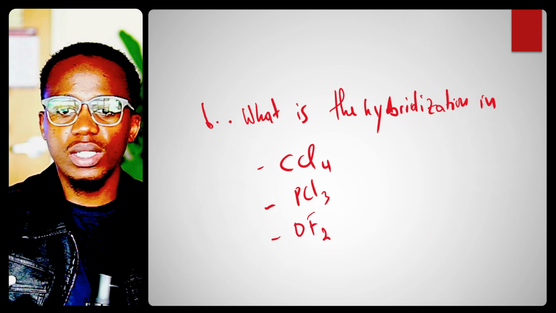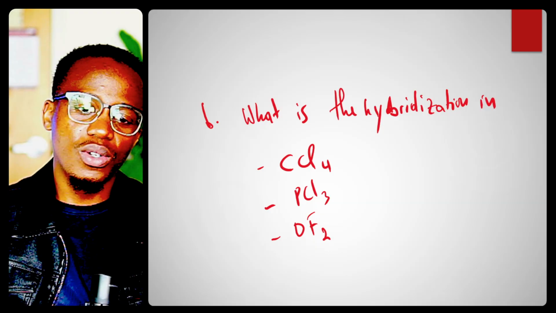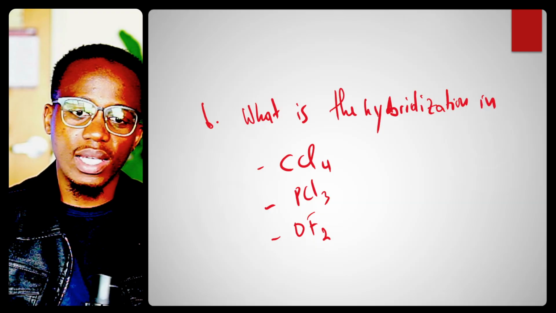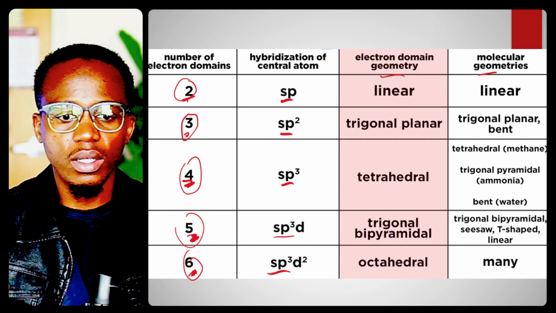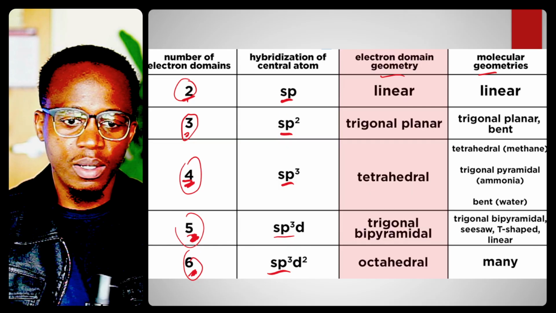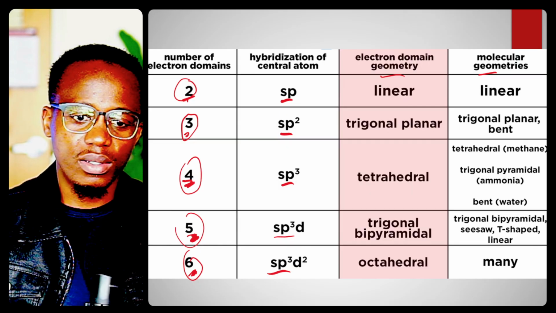What is the hybridization? That's number 6. So you're going to tell me what is the hybridization among these. But let's get back to sigma and pi bonds, right?